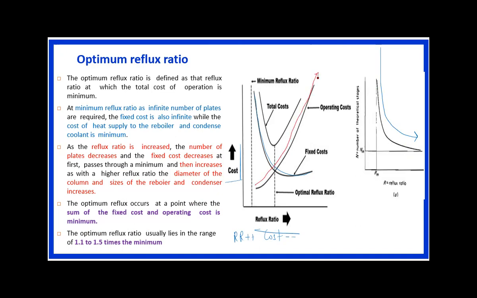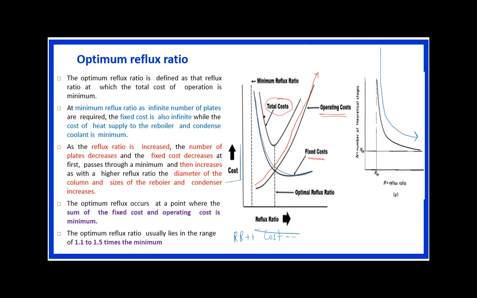If we increase the reflux ratio, it means we are increasing the liquid flow rate, the liquid load on the reboiler as well as on the condenser. And if the heat load on the condenser and reboiler increases, obviously the operating cost increases, right? So if we add this fixed cost of the number of theoretical plates and the operating cost for the heat load of the condenser and reboiler, then we get the total cost.